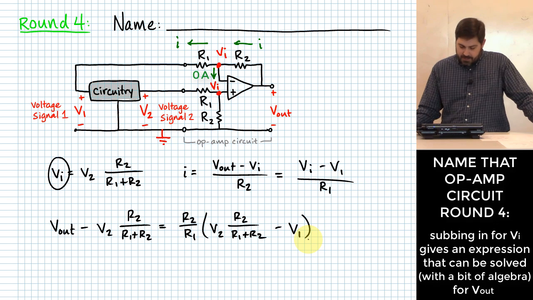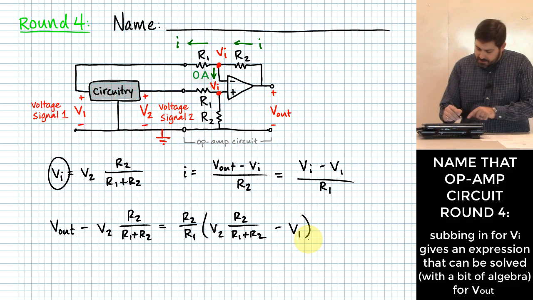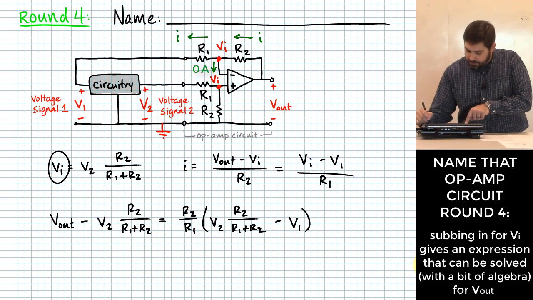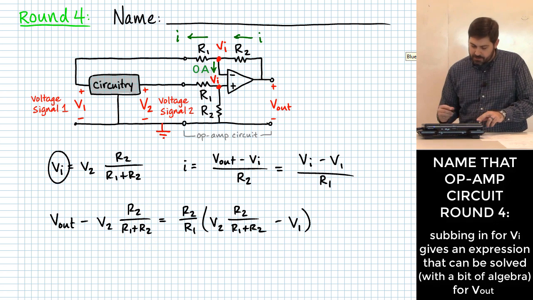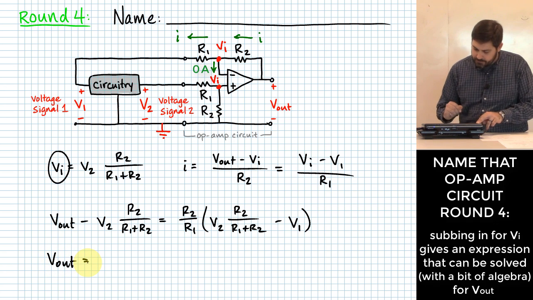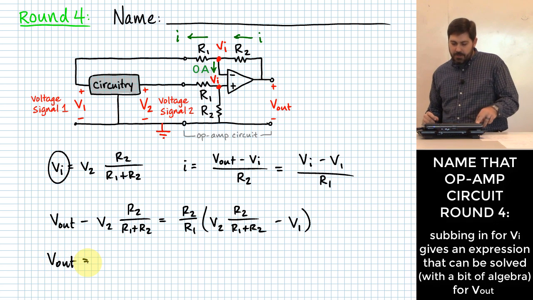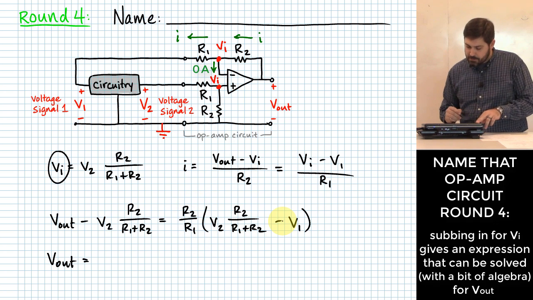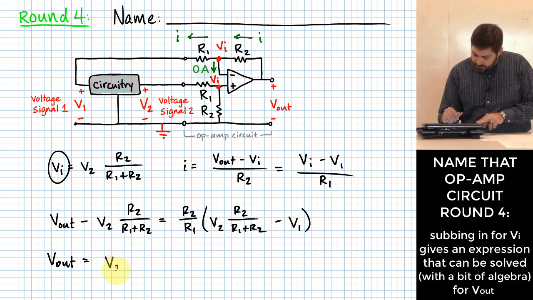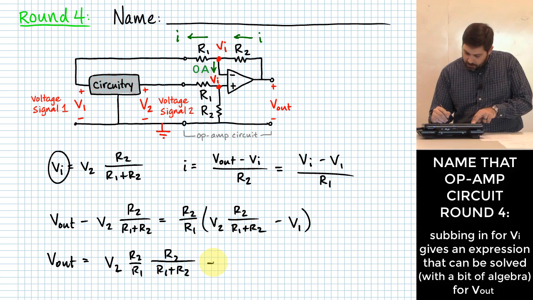Now let me add this V2 times R2 over R1 plus R2 to both sides of the expression so I get V out all by itself. Let me also multiply through this R2 over R1, so that I basically have V2 times R2 over R1 times R2 over R1 plus R2 minus R2 over R1 V1.